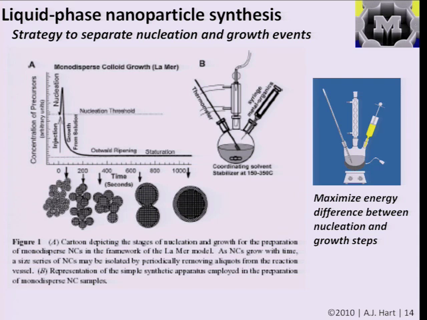In other conditions, which may not be what you want, you could imagine that as the size gets bigger, the size distribution also gets broader, and that in many cases is not what you want. And there are very well-known ways to control that in the case of this basic example.